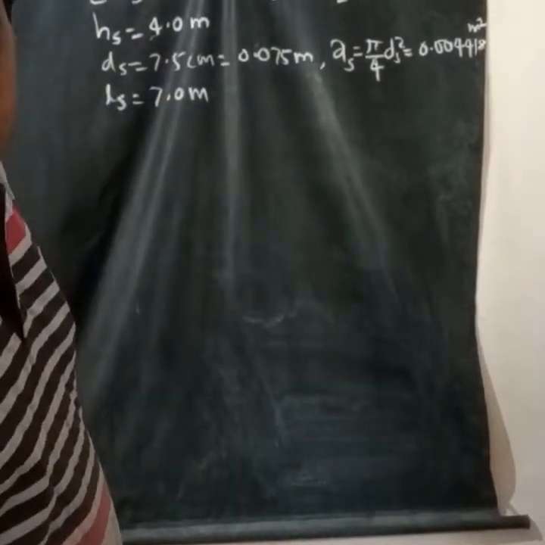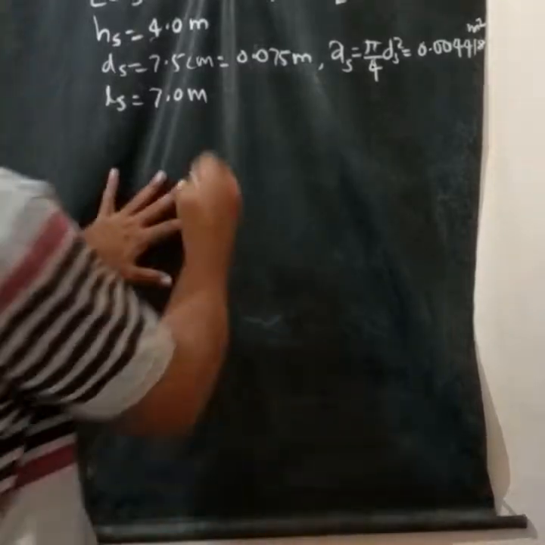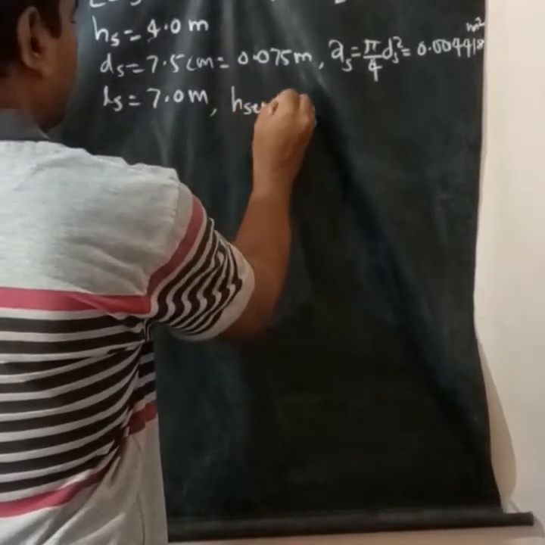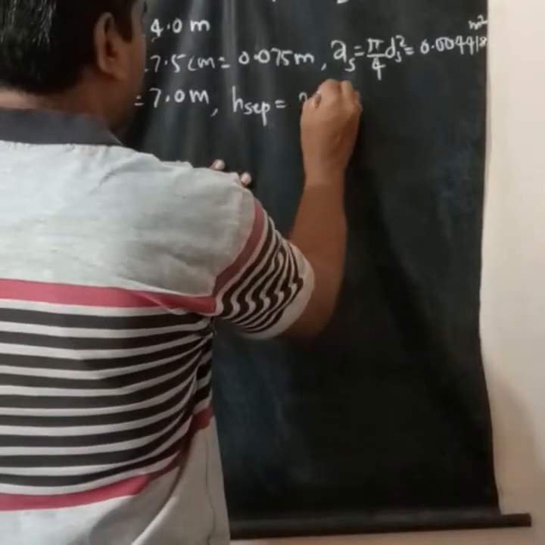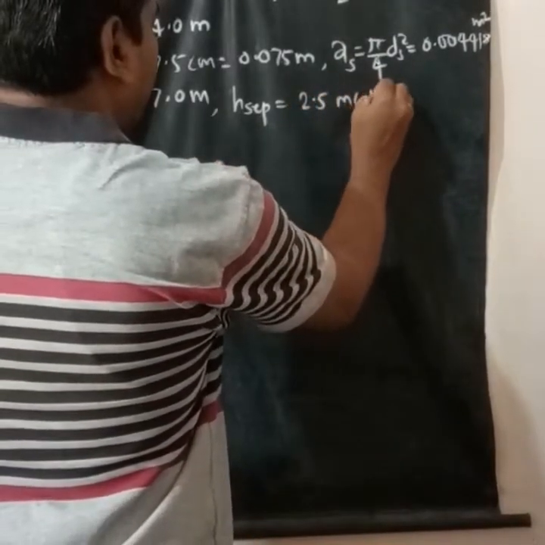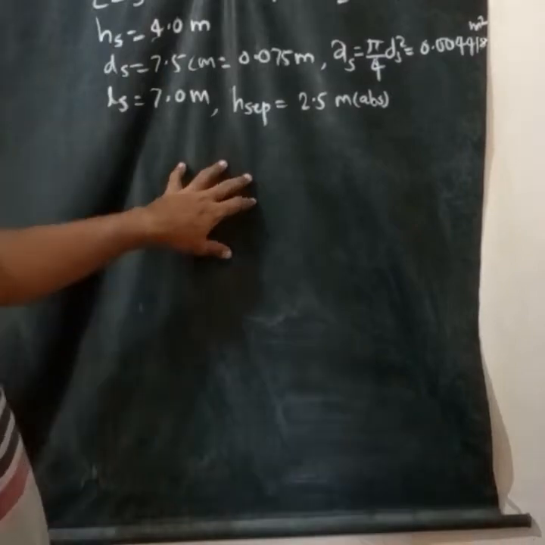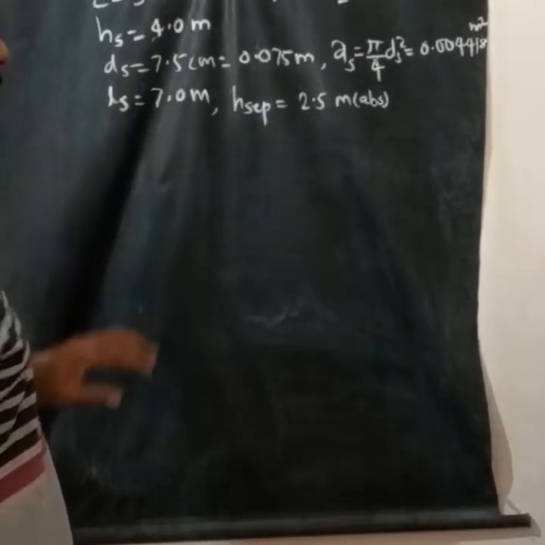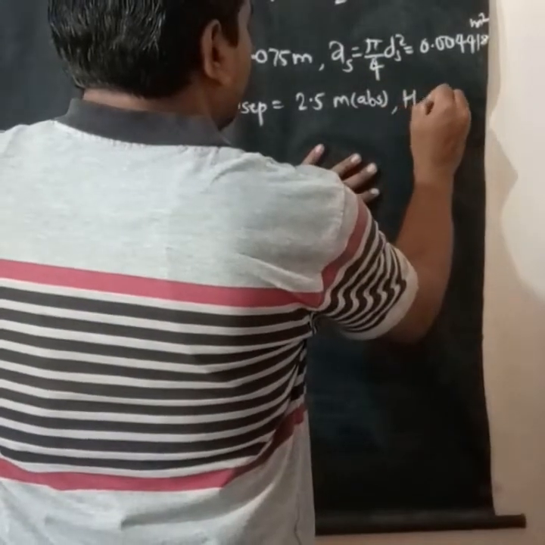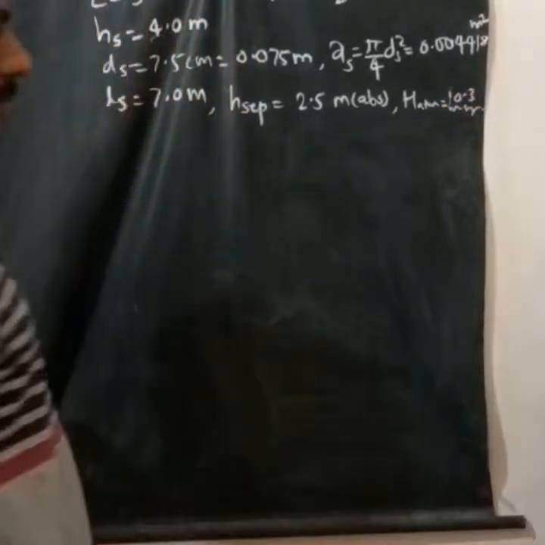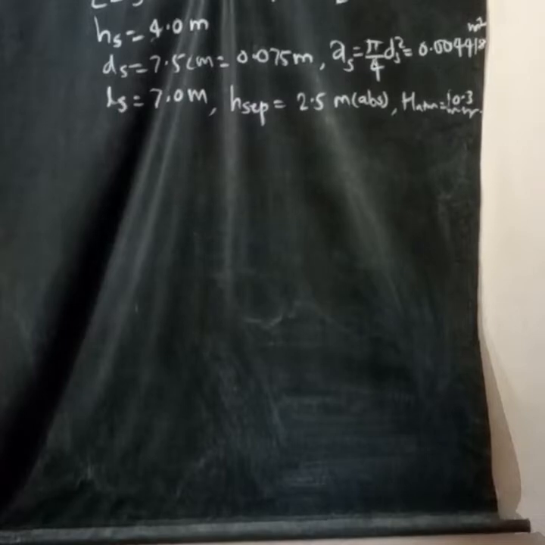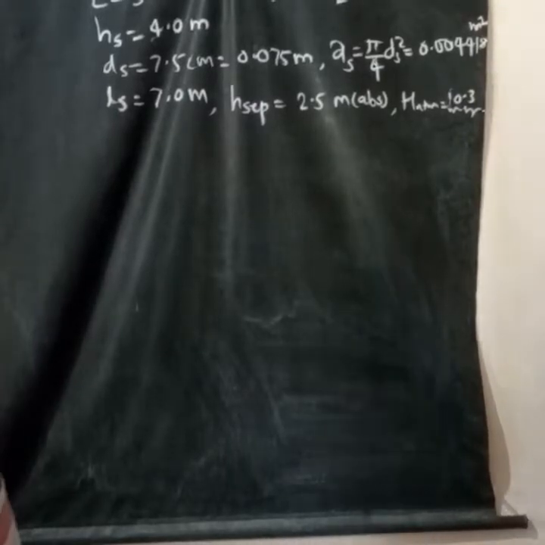Then there is the separation head. The separation head is given as 2.5 meter, which represents its absolute value, and the atmospheric pressure head H atm is given as 10.3 meters of water. That is given in this particular problem.